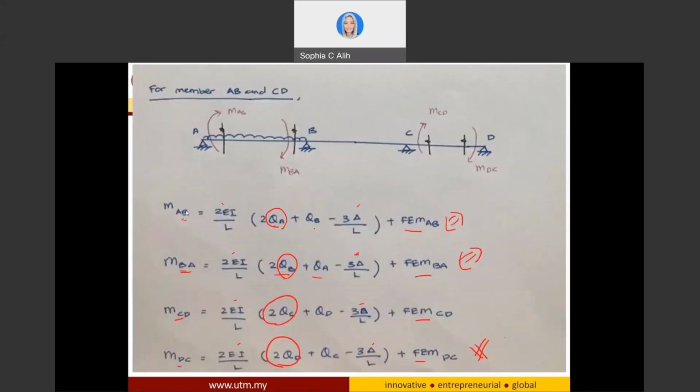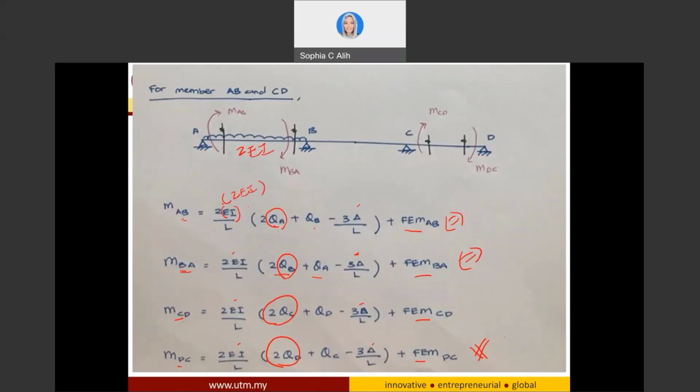So in other words, if I have 2 EI for span AB, then instead of 2 EI over L, I have to put 2 times 2 EI. Okay, so be very careful on this one.